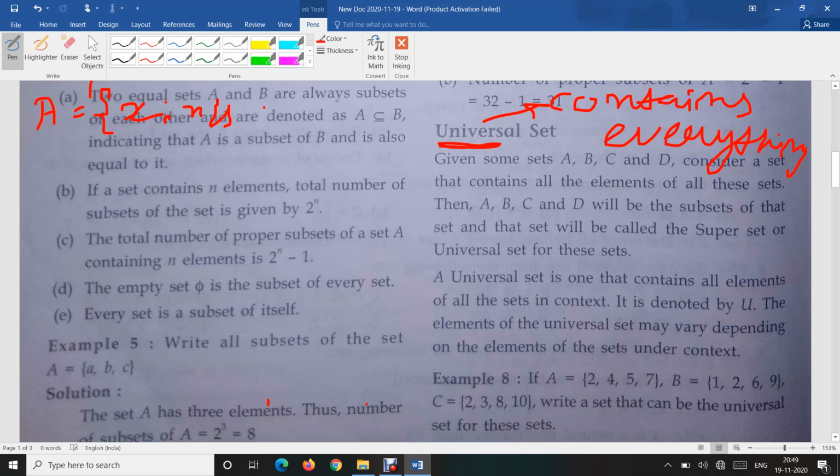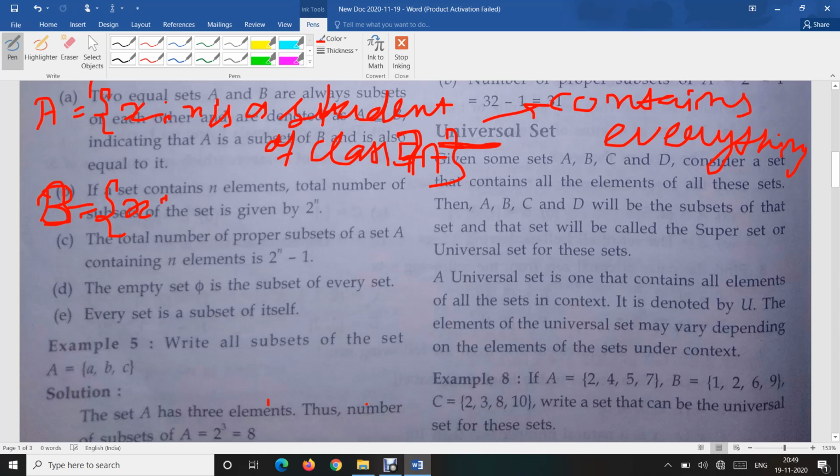Now suppose you have set A equal to the set of all x such that x is a student of class 7A. Now we have a set B equal to the set of all x such that x is a student of class 7B.